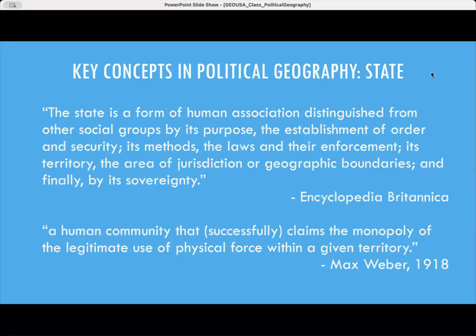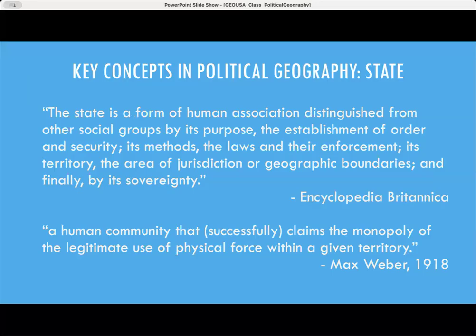Another key term is the state. This is basically almost exchangeable for a form of government. But the state is a form of human association distinguished from other social groups by its purpose, the establishment of order and security. Its methods are the laws and their enforcement, its territory, the area of jurisdiction or geographic boundaries, and finally by its sovereignty.